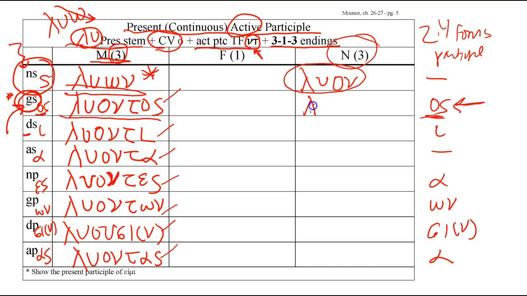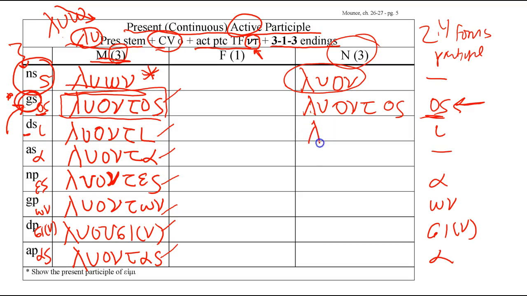So you take the present tense stem, the connecting vowel, the tense formative nt, and then you add to it os, luontos. And notice, as with the 3-1-3 adjectives, the genitive singular forms for the neuter and masculines are exactly the same. And it'll be the same thing with the dative singulars as well.